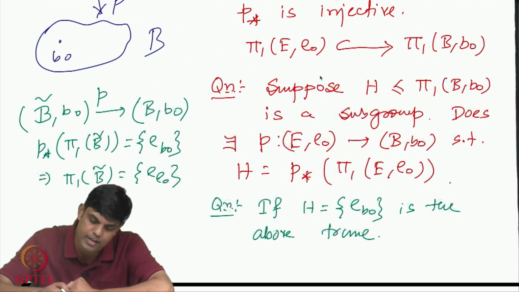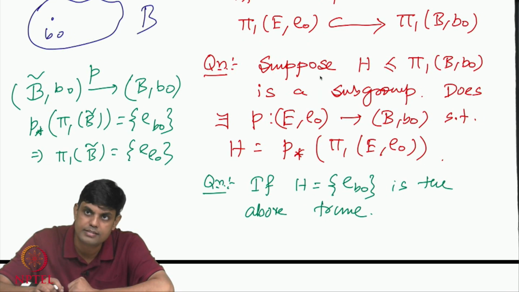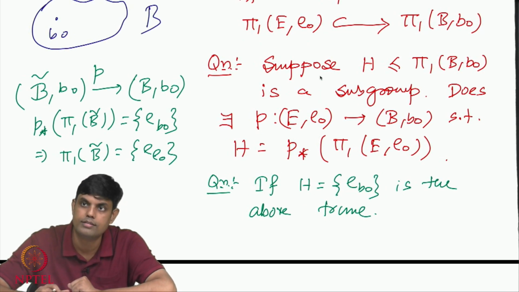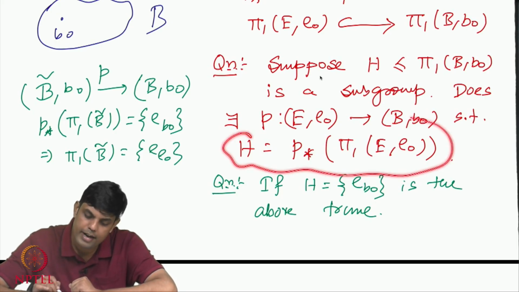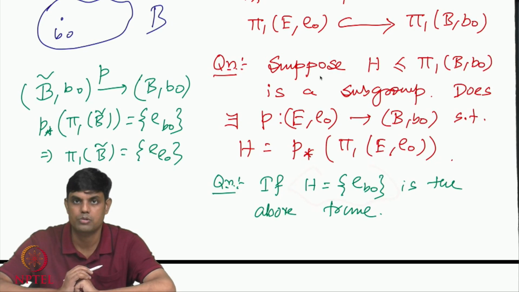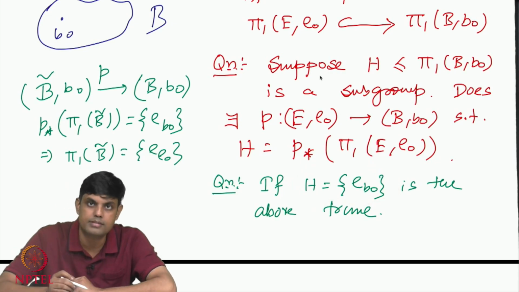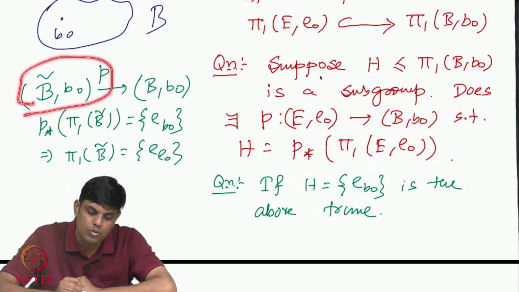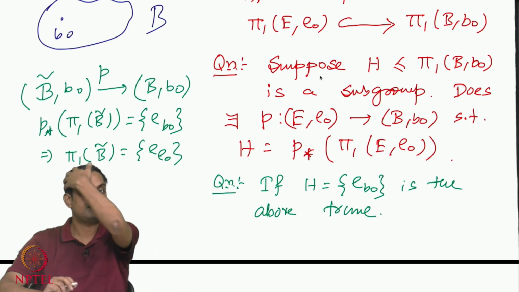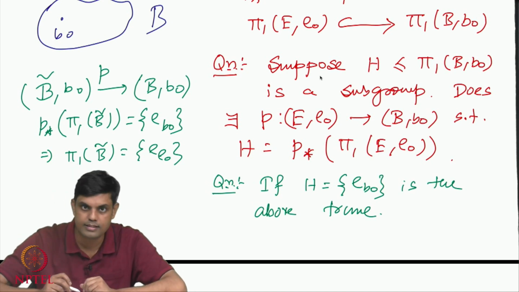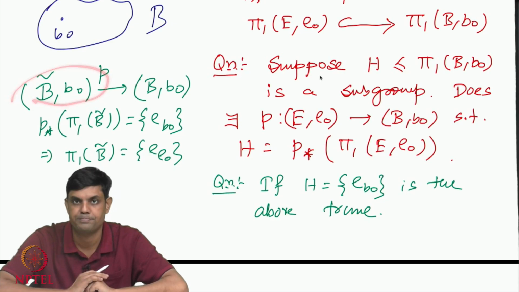So what do we have here? If this result has to be true for all subgroups, at the very least it has to be true for the trivial subgroup, and if it is true for the trivial subgroup, I would be able to construct a space whose fundamental group is trivial. If I assume that it is path connected, then this will be a simply connected space.